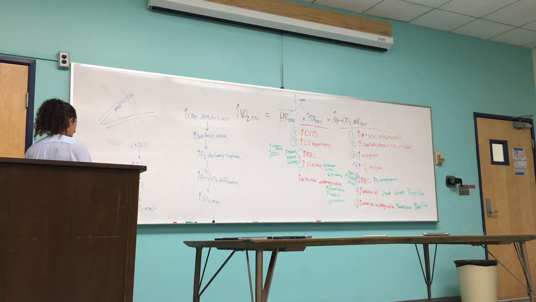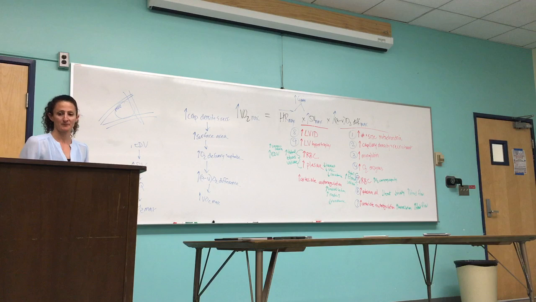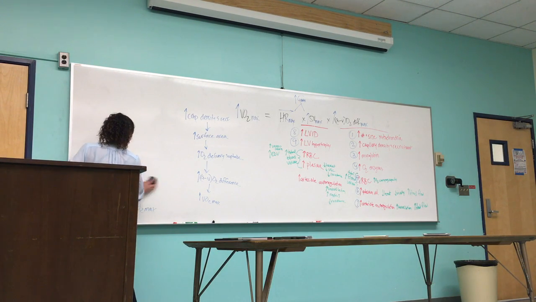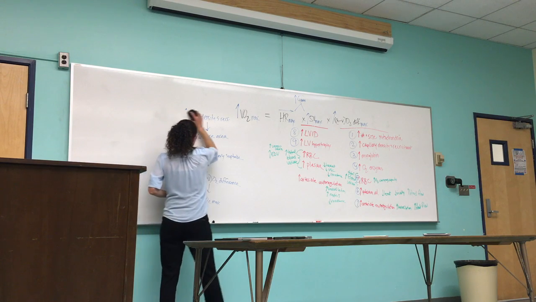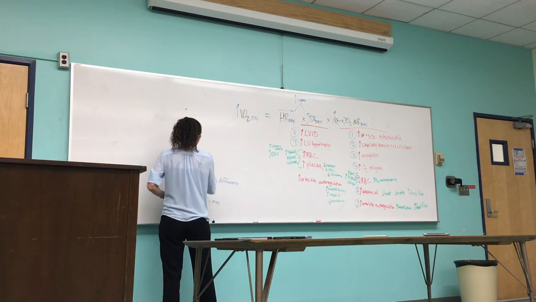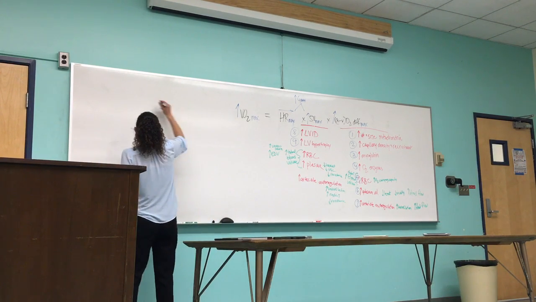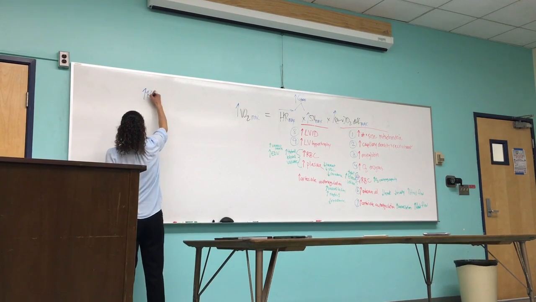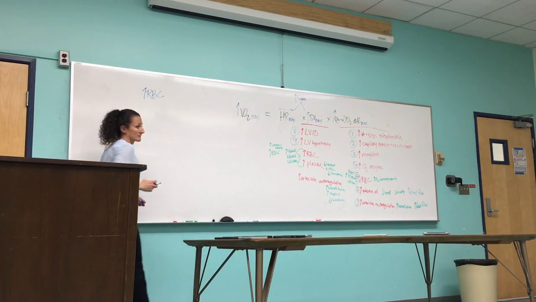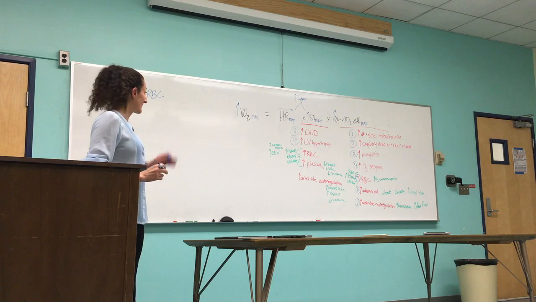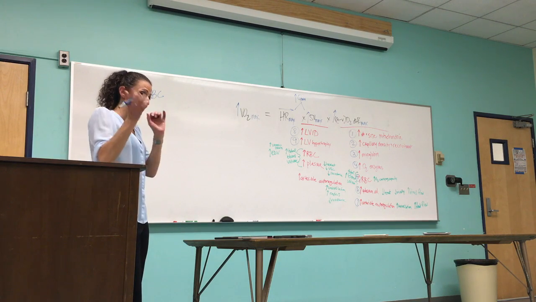Okay, before we run out of time, I'm going to do a more complicated one. Okay? Increased red blood cells. Now you might not want to write this one down exactly as we're going along, because we're going to think it through.